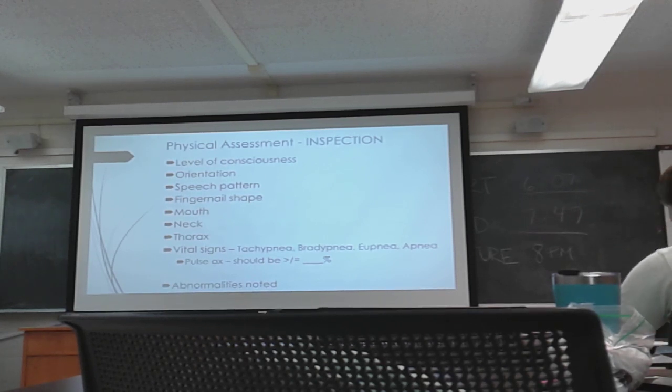So we have tachypnea, which is a respiratory rate above 20, bradypnea below 12, eupnea, which, I always think of euphoria, it's good breathing, it's what we want. And apnea is the cessation of breathing, whether it's a couple times an hour or just one long period of apnea.